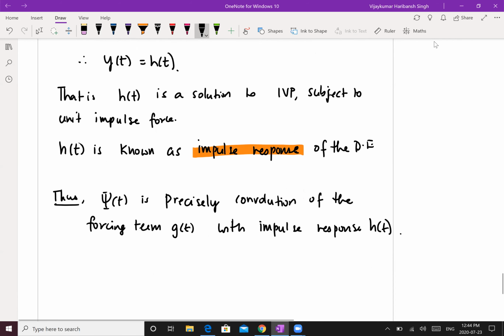Why is that? Because psi of s equals g of s times h of s.